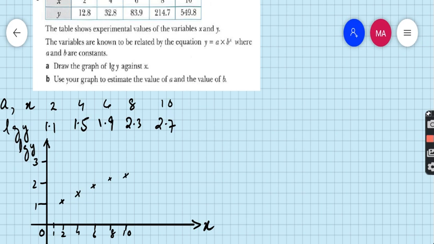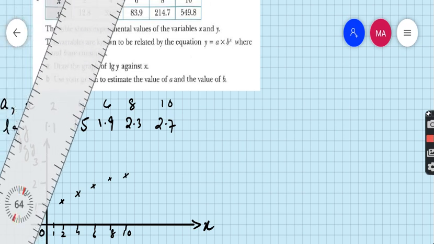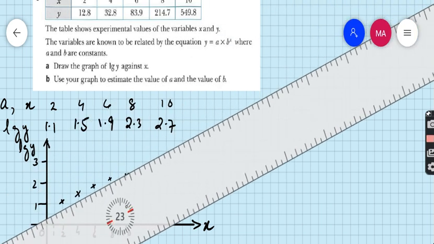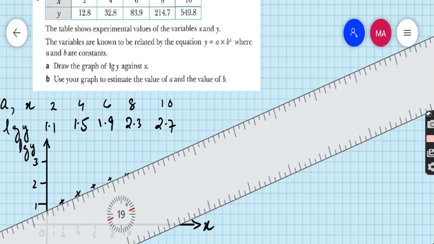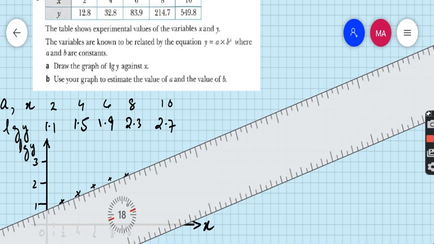Now join all the points with the help of a scale.